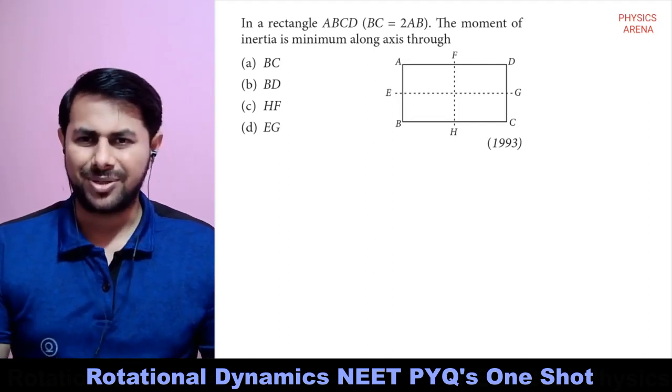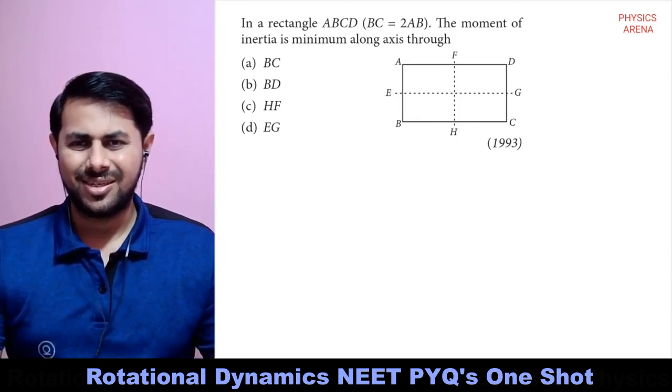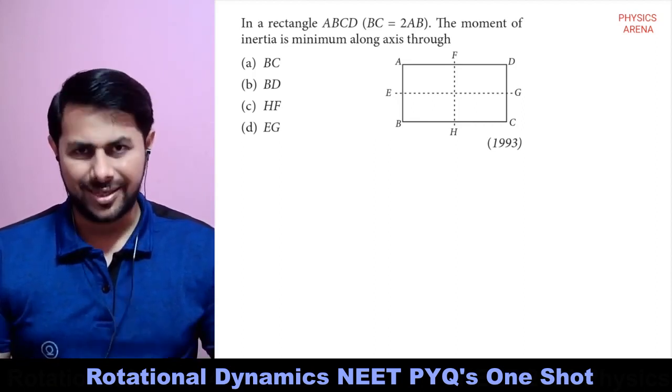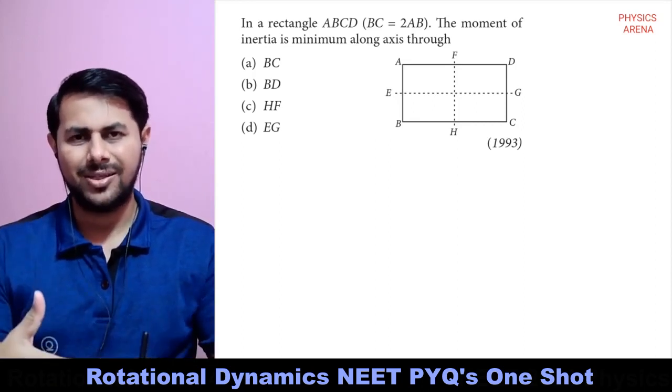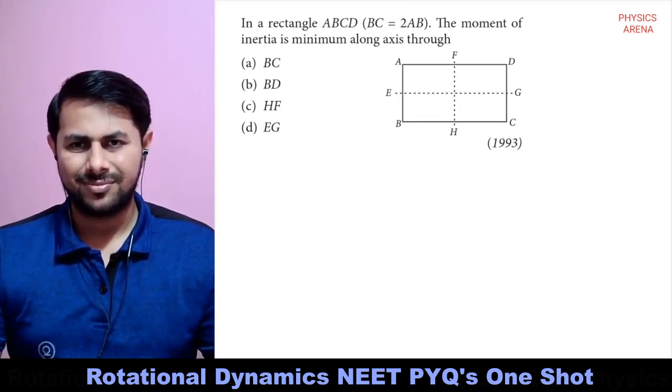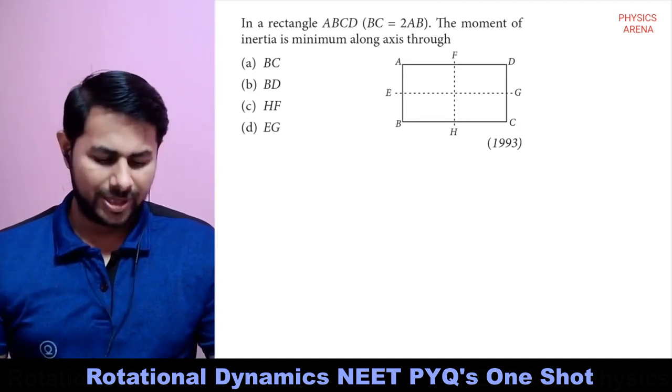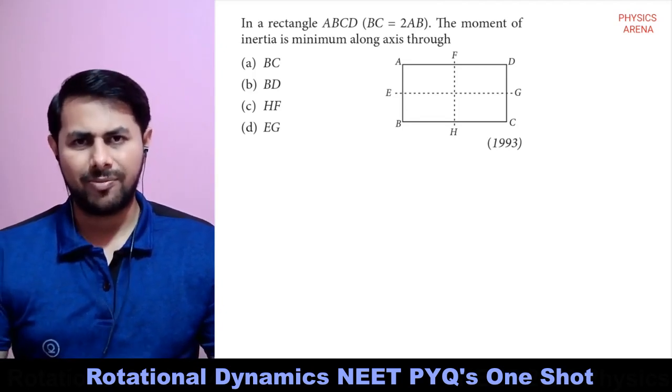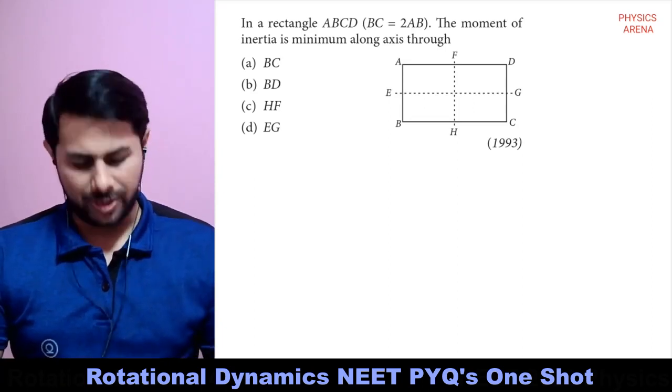It's a very, very simple question. If you want moment of inertia to be less, keep maximum mass closer to the axis of rotation. If you want moment of inertia to be more, keep maximum mass away from the axis of rotation.